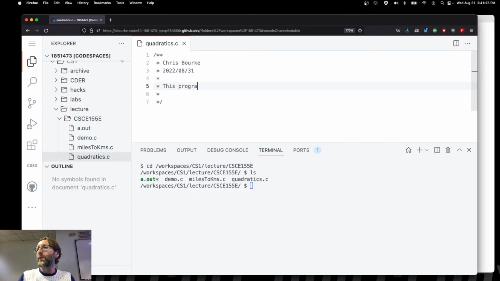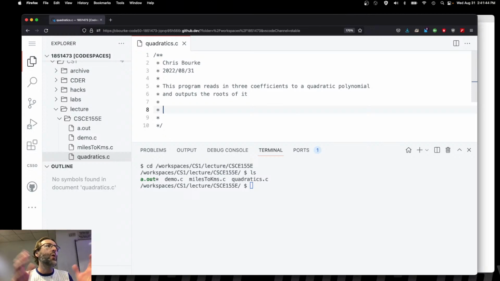So this program reads in 3 coefficients to a quadratic polynomial and outputs the roots of it. Recall that a quadratic polynomial is blah, blah, blah. You can write a whole essay here on the history of quadratic polynomials if you want to, or just put in a link to an external resource on Wikipedia or something. That's good enough for now.